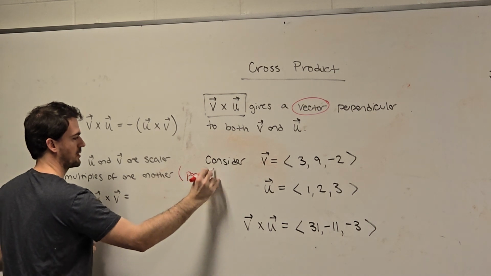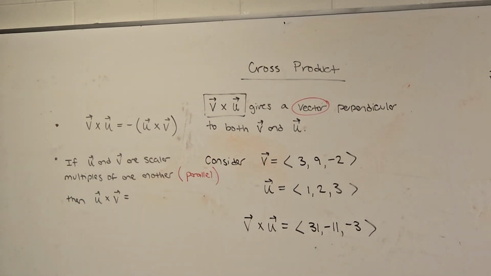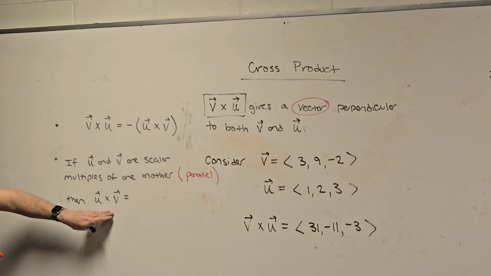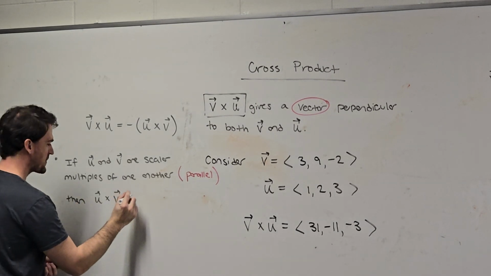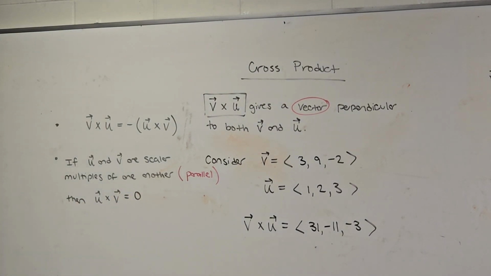So if two vectors are parallel to one another, then the cross product of those two vectors, well, let's think about it. I've got a vector, and now I've got the same exact vector, so that's my right-hand rule, but my index finger and my middle finger point in the same direction. I don't know where to point that. It turns out that the cross product of those two vectors equals 0.